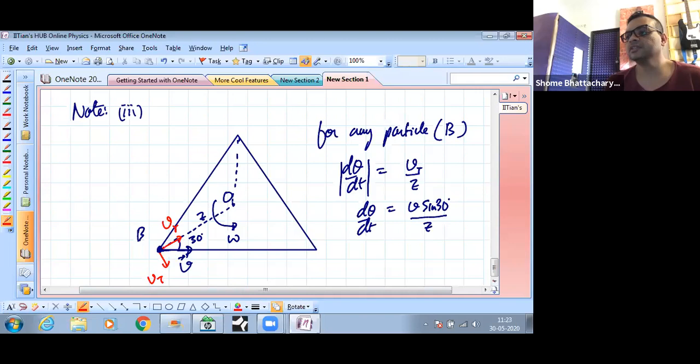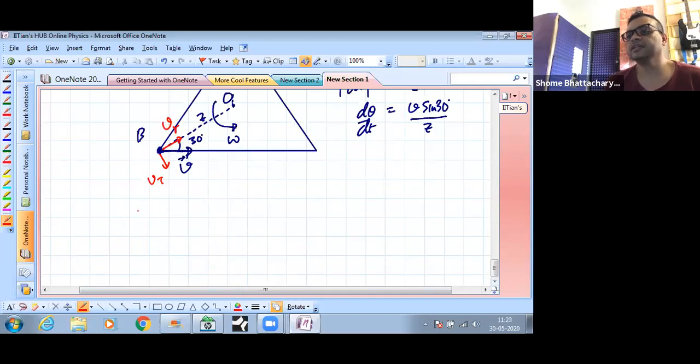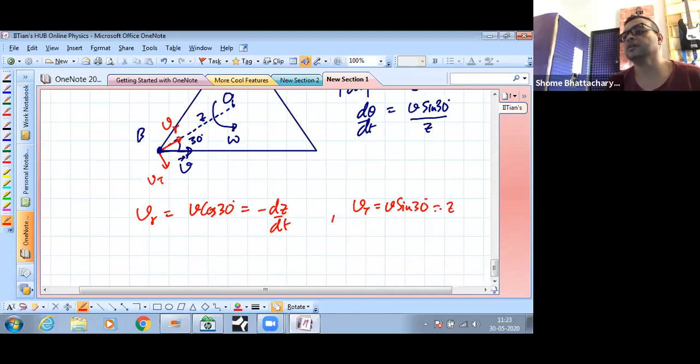So in fact, you can see here the radially inward component, which is v cos 30, is actually minus dz by dt, whereas the tangential component, which is v sin 30, is actually z d theta by dt, because z is the instantaneous distance. So we are using these two equations now. We're going to use this equation along with this equation.